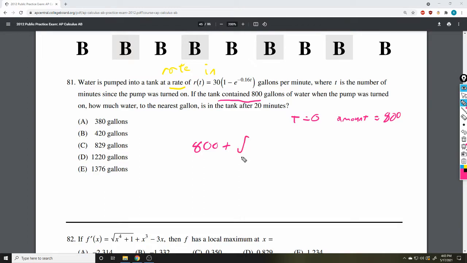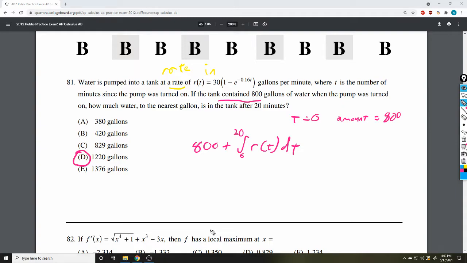That means the integral from 0 to 20 of R of T dt. And then it's a matter of putting it in the calculator. Same thing for 82. 82 is also a matter of putting it in the calculator.